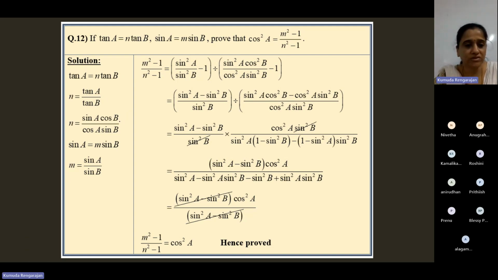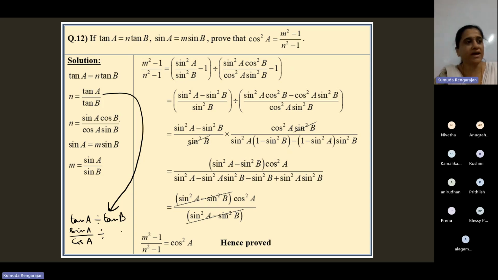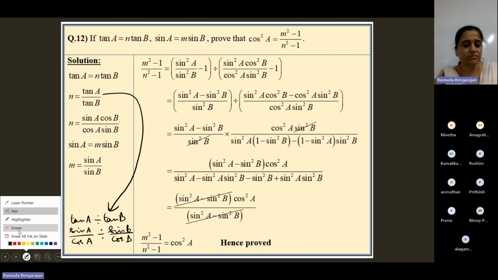If there's a doubt in this part, I'll just do it here. This one, well, it's tan A divided by tan B, right? What's tan A? Sine A by cos A divided by what's tan B? Sine B by cos B. Now the division will become multiplication, right? So cos B will go to the numerator and sine B will come to the denominator.